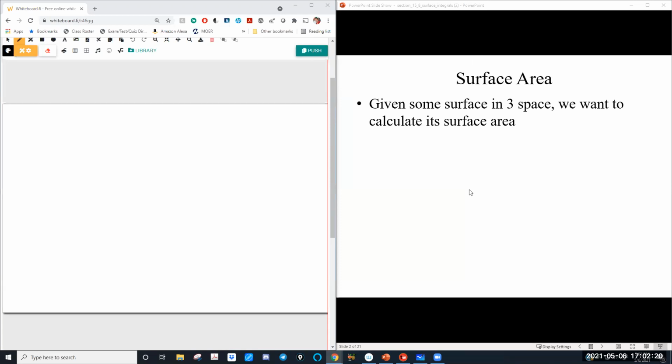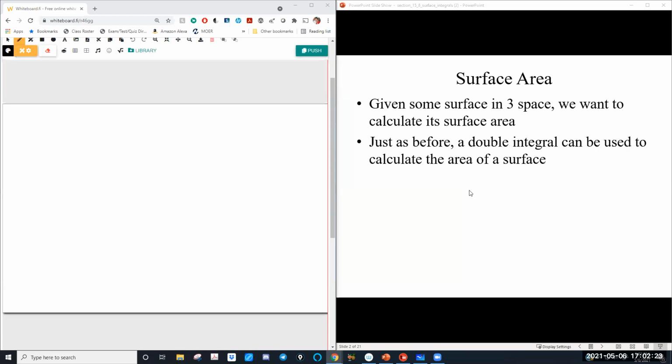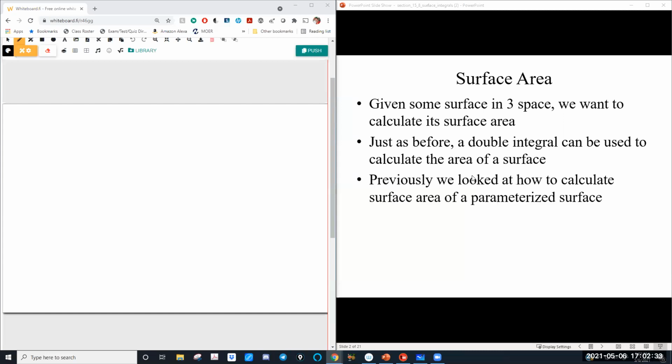Last time we were doing parameterized surfaces, and we know that double integrals can be used to calculate area. So they can do the area of some surface that's actually not in the XY plane. Last time we looked at how to calculate the surface area of a parameterized surface, and we're going to refresh our memories on that.